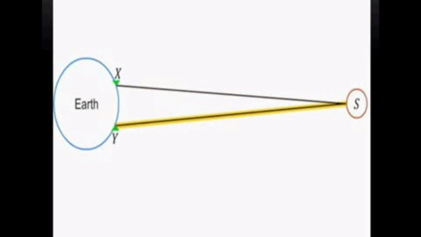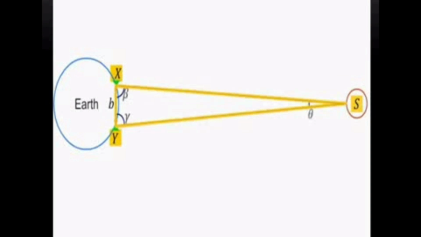The distance between X and Y is B, the base of the triangle, the basis. In this triangle, the angle at Y is beta, and the angle at X is gamma, the two angles at the basis.